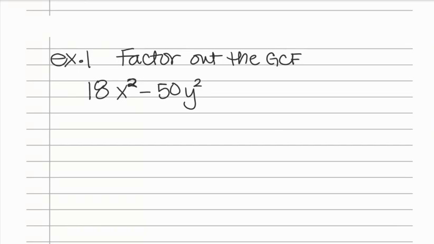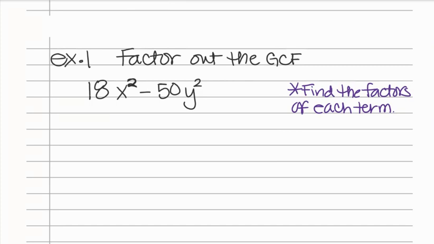So the first thing we're going to do is we need to find the factors of each of these terms. Okay, so the first thing we're going to do is find the factors of each term.